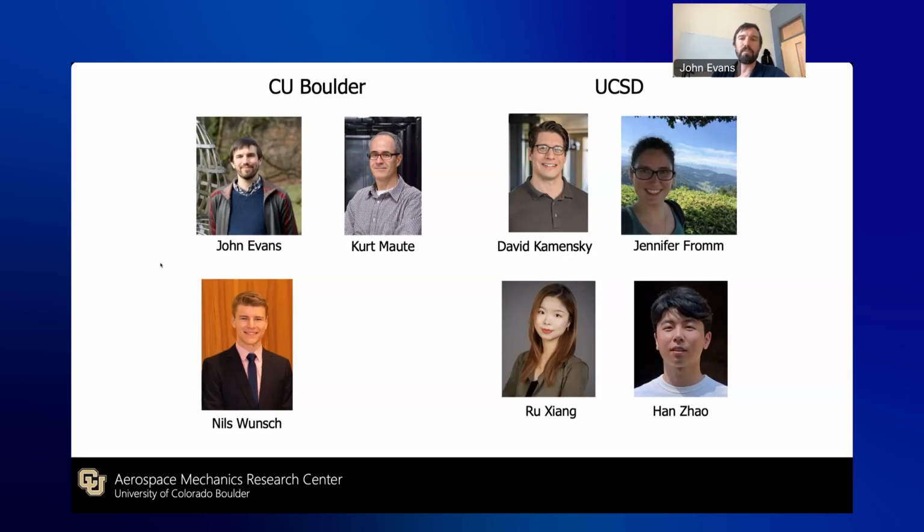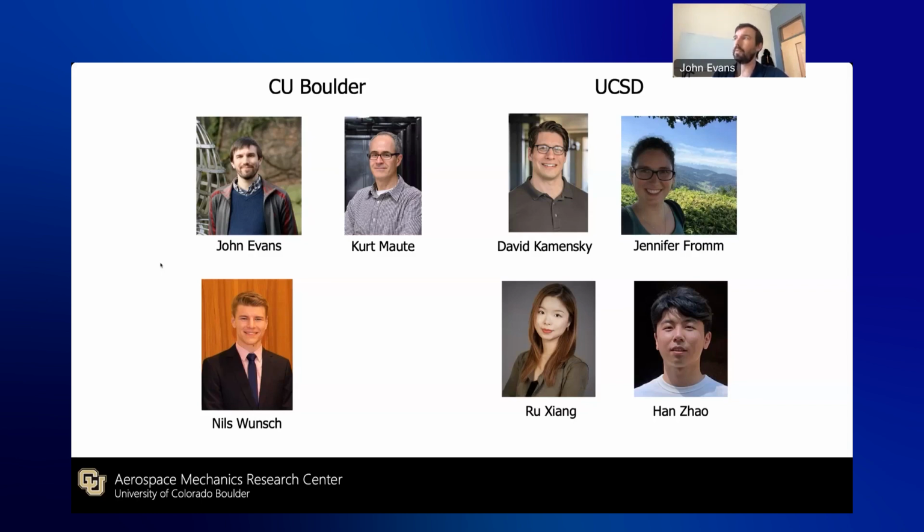So when this project started, it was an NSF funded project a few years ago, really a collaboration between two teams. Our team at the University of Colorado Boulder, which involved myself and Kurt Maute, and our co-advised student at the time, Nils Wunsch, and a team at the University of California, San Diego, led by Professor David Kamensky at that time.